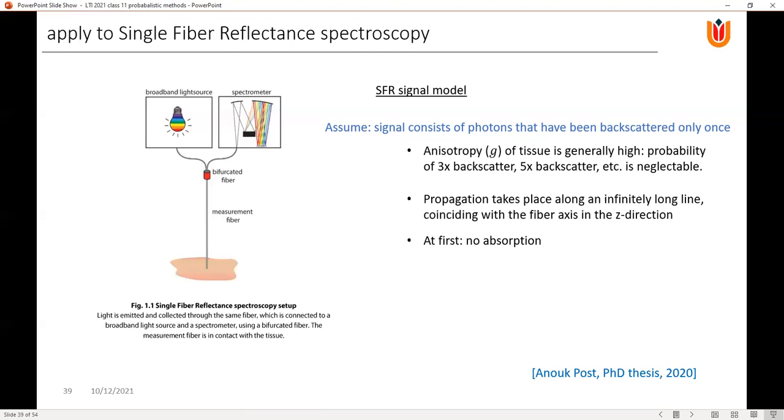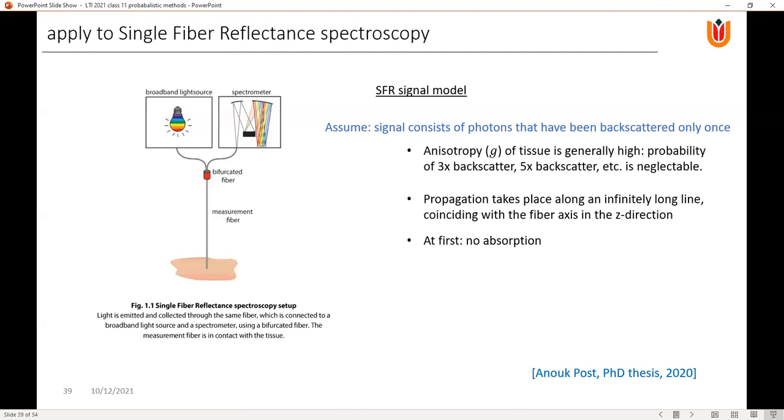The key assumption here is that the light is backscattered only once, so you can have multiple scatterings in the forward direction, but it is only backscattered once. And the rationale behind that assumption is that the g value for the tissue is generally high.